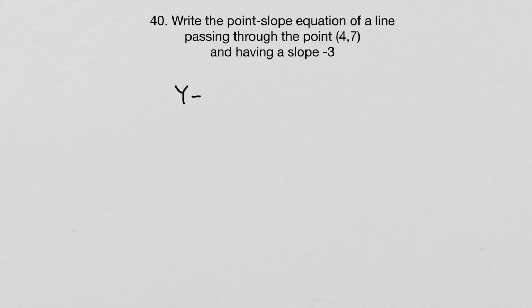The point-slope formula is y minus y1 equals m times the quantity x minus x1, where m is the slope and (x1, y1) is a point. So here, this will be our x1 and y1, and negative 3 is the slope. We will put this into the equation.